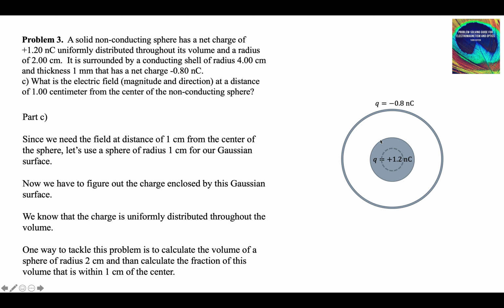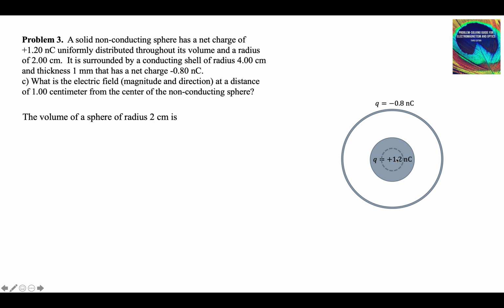One way to tackle this problem is to say how much volume does the whole sphere have, and how much volume does this have? Since it's uniformly distributed, it's going to be that ratio. The volume of a sphere of 2 centimeter radius, the equation is 4/3 pi r cubed. We get 8 cubic centimeters times 4/3 pi.